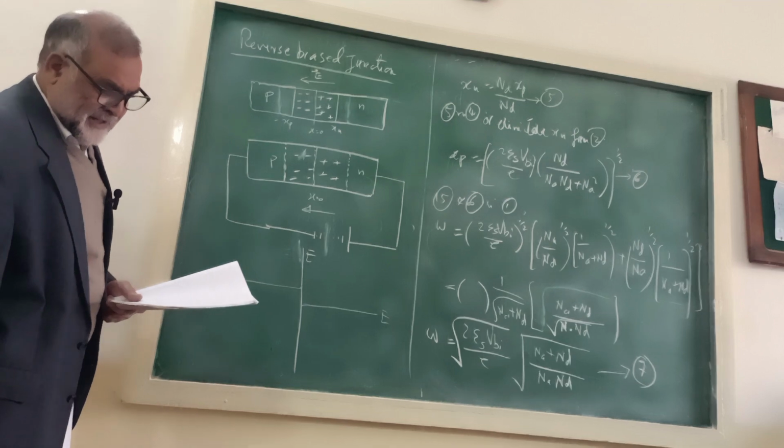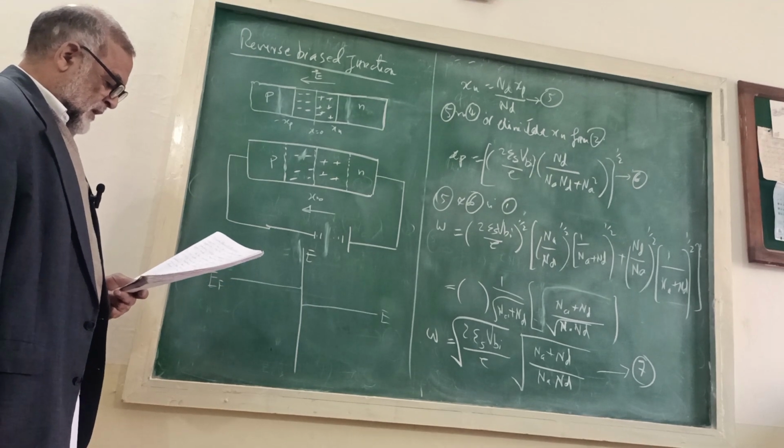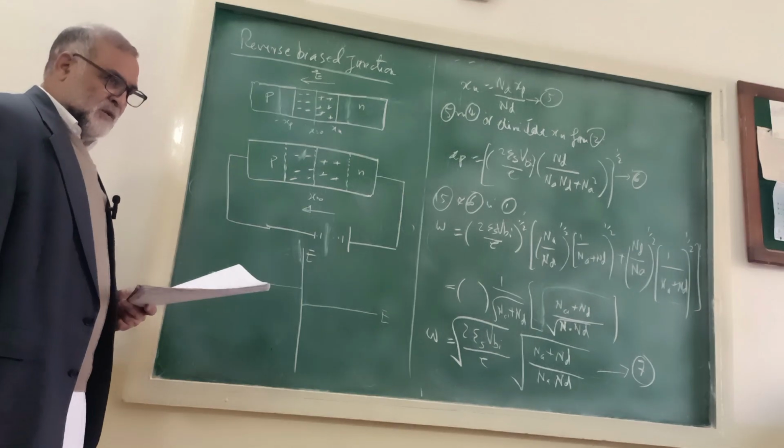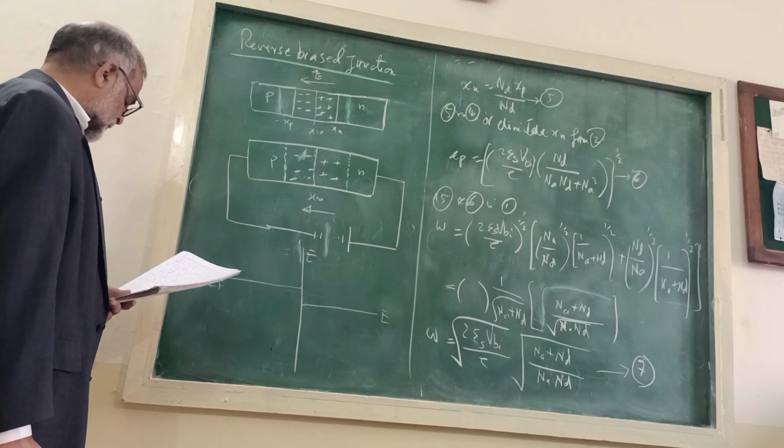Initially, when there was no biasing, it was in equilibrium; now it is not in equilibrium, because you have applied an external potential difference.